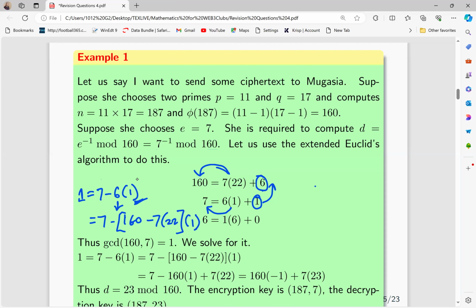When you open the bracket here, what you get is 7. 7 is 7. Then there's a negative here. Expand it inside the bracket. You have negative 160 multiplied by 1, then you have positive 7 multiplied by 22.